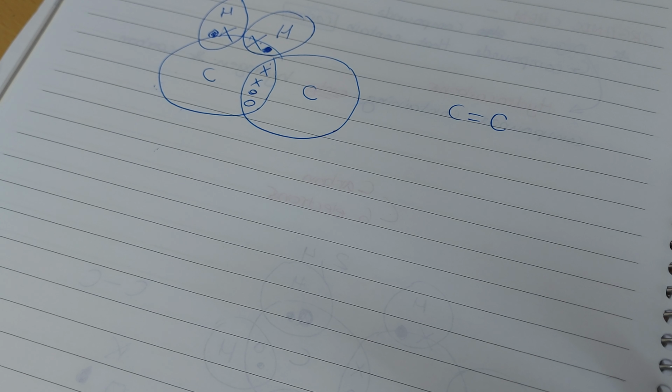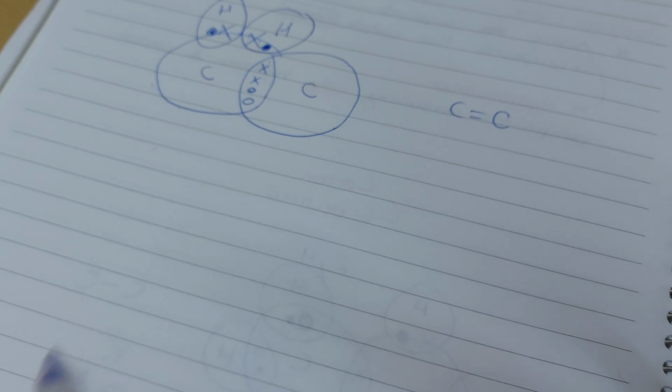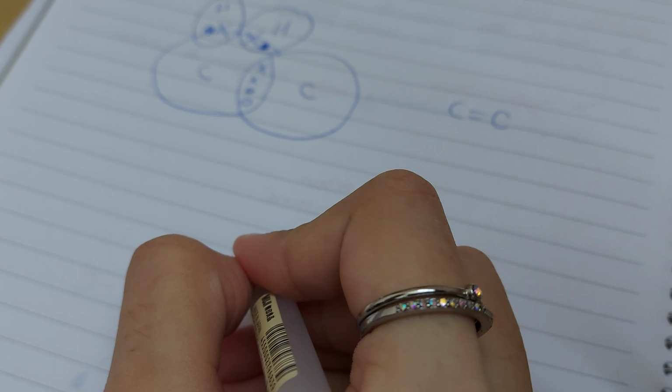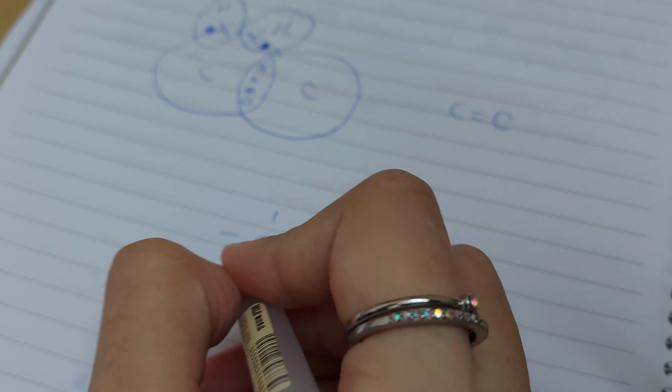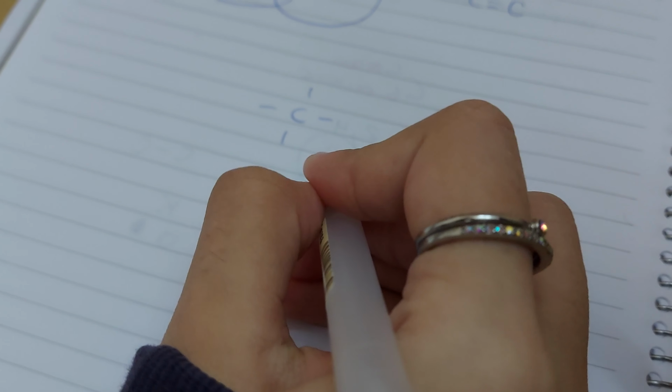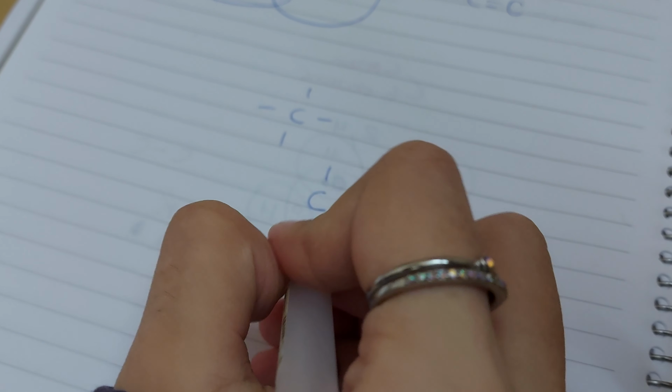The most important thing that we evaluate from this and what we've just discussed is that a carbon needs 4 covalent bonds to complete its outer shell. So it needs 1, 2, 3, 4, or it could look something like this: 1, 2, 3, 4.